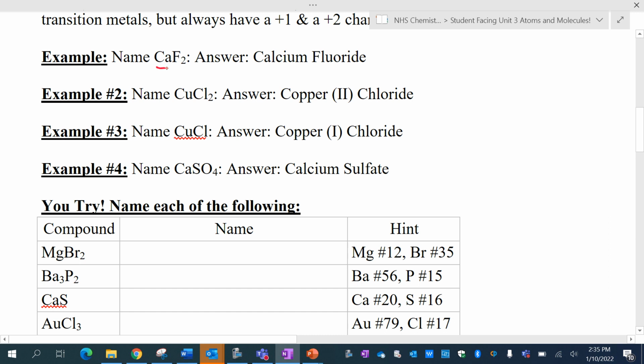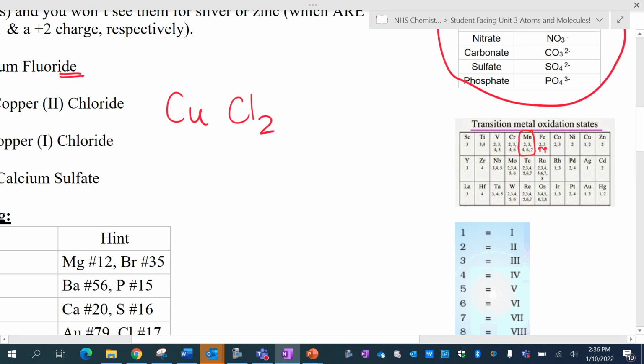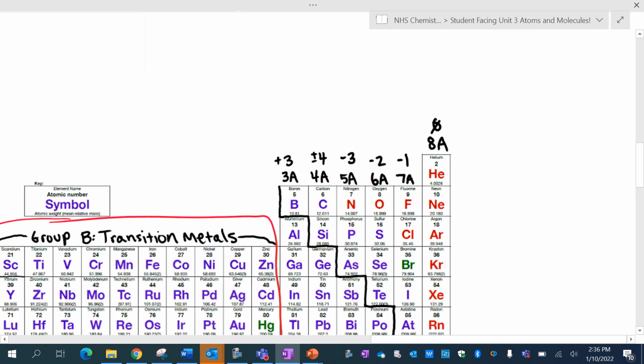Okay, so let's try naming CaF2. That would be calcium fluorine, but we would change the ending to "ide" since it's monatomic. So that would be calcium fluoride. The next one, Cu, is a transition metal, so we have to specify the charge. We know that it's bonded to 2 chlorines, and we know chlorine is always, always, always a -1.